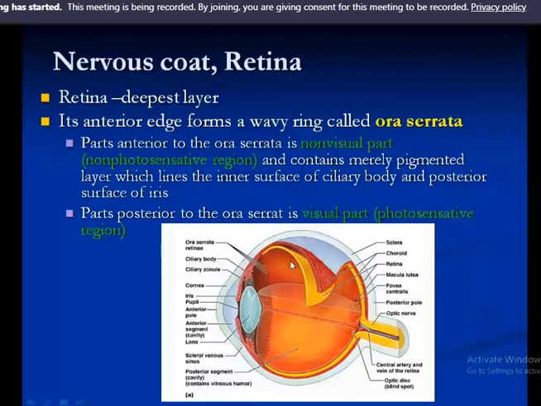So the retina has two regions: the photosensitive region, present posterior to the ora serrata, and the non-photosensitive region, present anterior to the ora serrata. This non-photosensitive region is mainly present in the inner surface of the ciliary body and the iris.